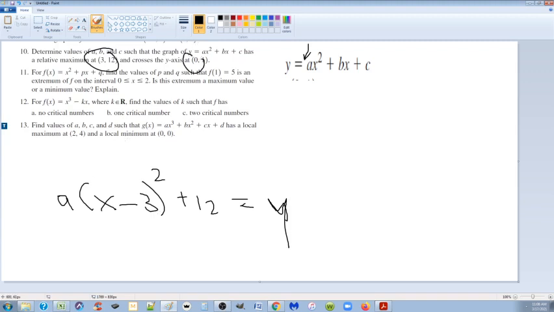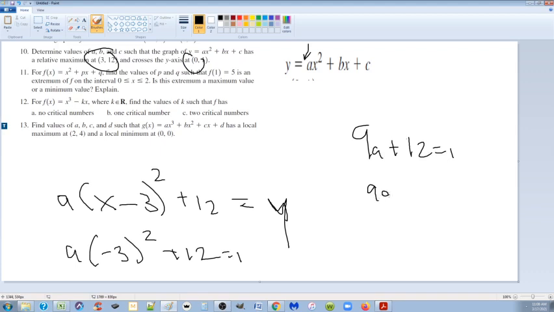So 0, 1, I put the 0 in for x and the 1 in for y. And I get a times minus 3 squared plus 12 is equal to 1. So I get 9a plus 12 is equal to 1. 9a is equal to minus 13. Probably not. Let me see, relative maximum.